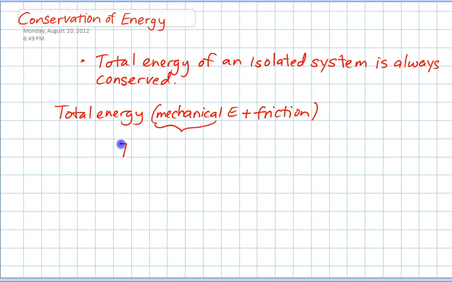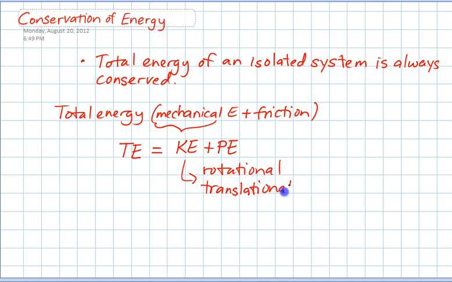And so mechanical energy is written as the sum of kinetic energy plus potential. And it's important to understand that kinetic can come in different forms. Later on, you might learn about rotational kinetic energy, but the one that we're used to, the 1/2 mv squared, is what we call translational. So there's different types of kinetic energies.